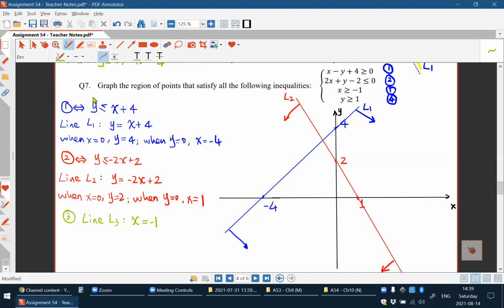X equals -1 is a vertical line that is parallel to the y-axis and passes through -1, 0. So the third line should look like this. This is -1. And also because the inequality says x should be greater than or equal to, this means, again, we need to use a solid line.